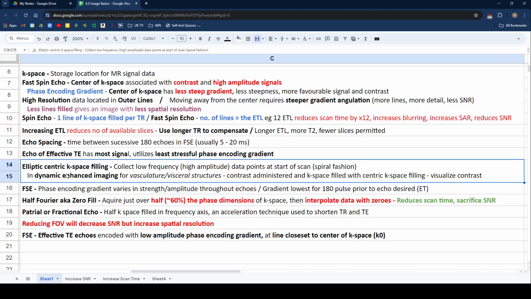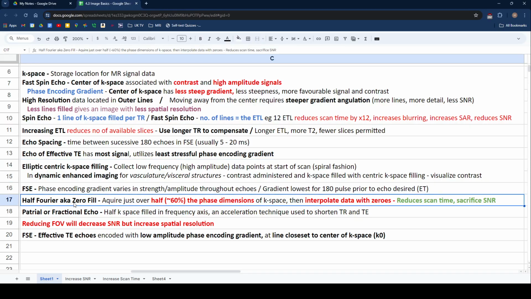In dynamic enhanced imaging for vasculature or visceral structures, contrast is administered and K-space is filled with centric K-space filling to visualize the contrast. In fast spin echo, the phase encoding gradient varies in strength and amplitude throughout the echoes. The gradient is lowest for the 180 pulse prior to the desired echo, ET.